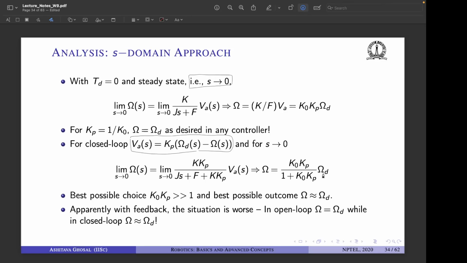Now, our sole objective is to make omega and omega D as close as possible.